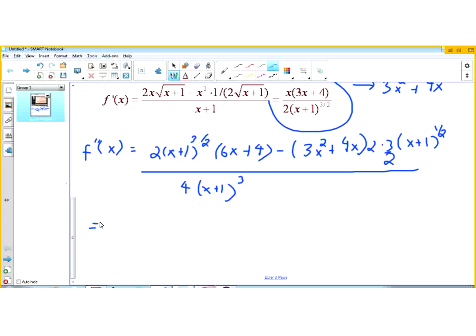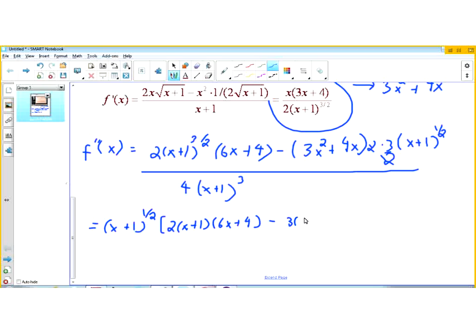So it appears that we can factor x plus 1 to the 1/2 out. Okay, and so that would be 2 times x plus 1 times 6x plus 4, minus 3, because the 2's cancel here, right?